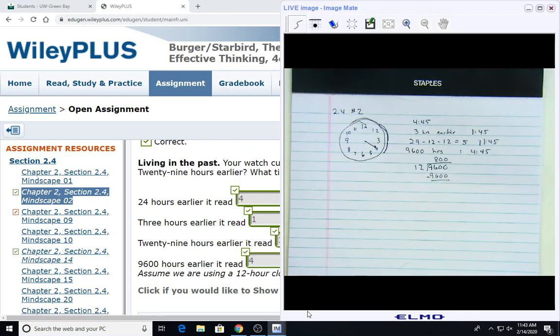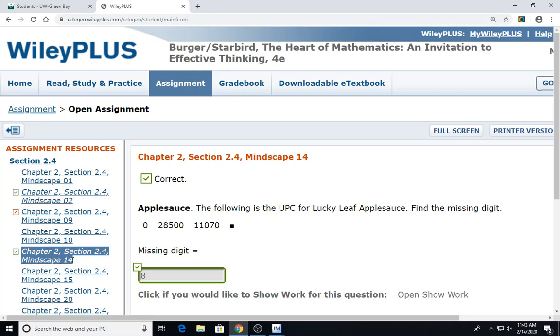Does anybody have questions on that one? Okay. The other one I had gotten emailed was 14. And this is a UPC code. I'll just remind you how you do the UPC code.